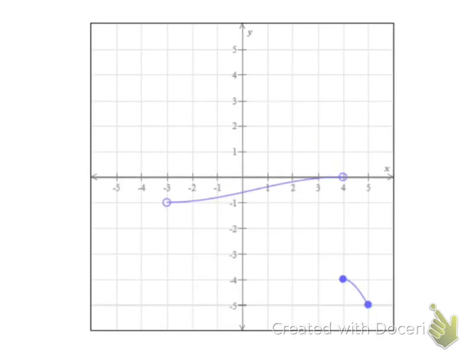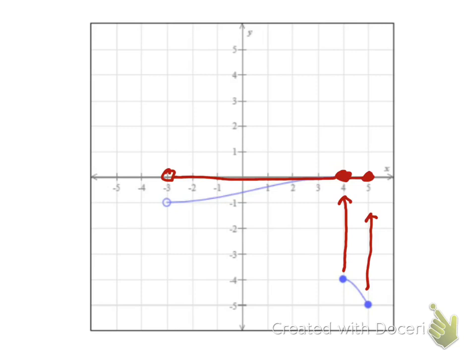Last one. Here, starting with domain, we have an open circle at -3 and an open circle at 4, and everything included. If we bring this up, it's now a closed circle. And then bringing this last one up is also a closed circle and the line in between.